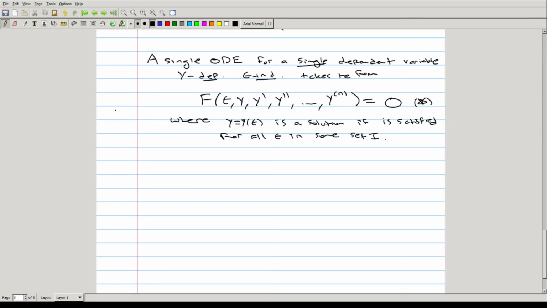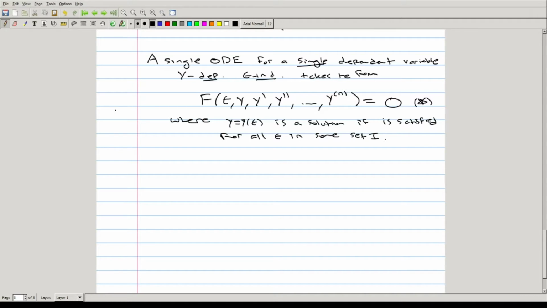So we have many good examples of ordinary differential equations, many of which you're probably familiar with from your differential equations class. But the idea here is that very often in models, a single ODE is not good enough.